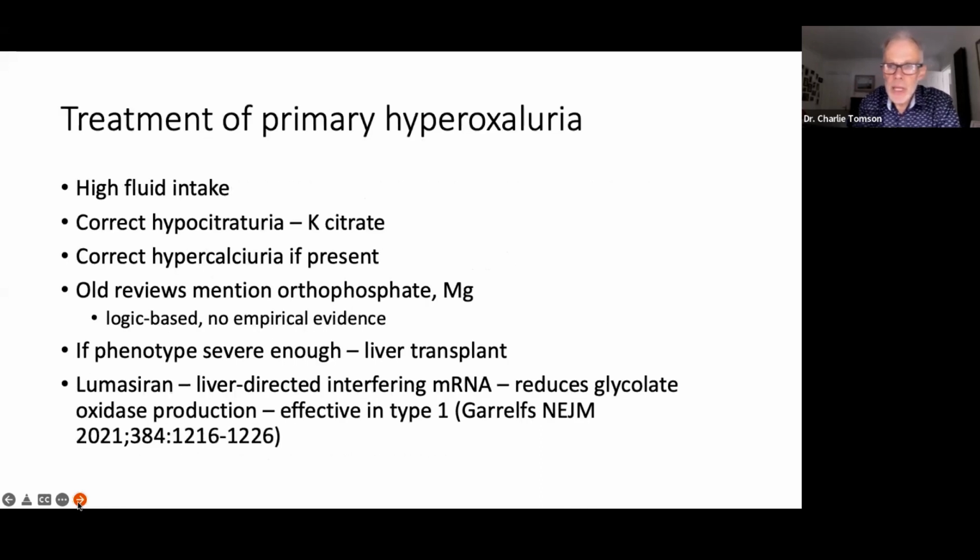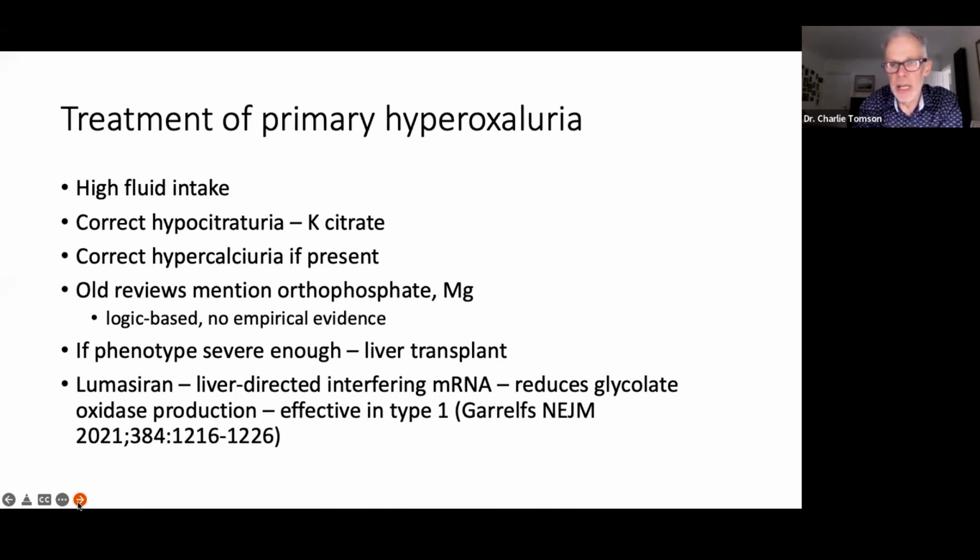And the treatment of this rare condition is of a high fluid intake, citrate supplements, particularly if hypocitraturia is present, thiazides if hypercalciuria is present, or possibly even if it isn't. Old reviews mention phosphate supplementation, for which I can find no empirical evidence, but there's a little bit of logic to that, and magnesium supplements, because as I said at the beginning of the talk, the more magnesium in the urine, the less likely calcium oxalate kidney stones are to form.